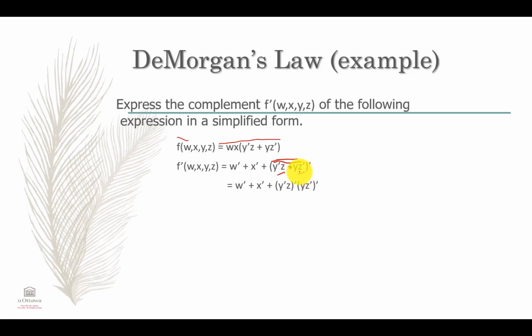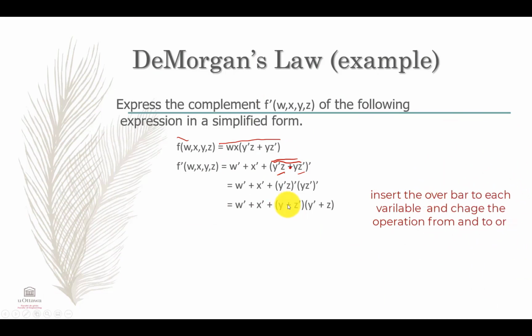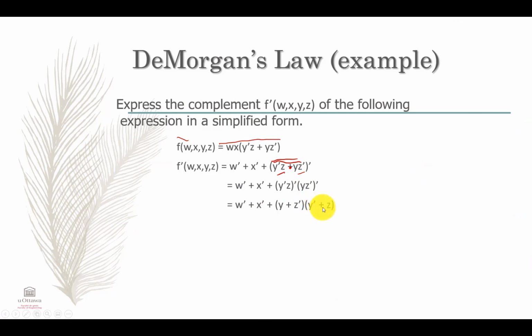Now after that, I can take this complement and apply it. So when I take this complement and apply it, this will be equal to y plus z prime, multiplied by y prime plus z.